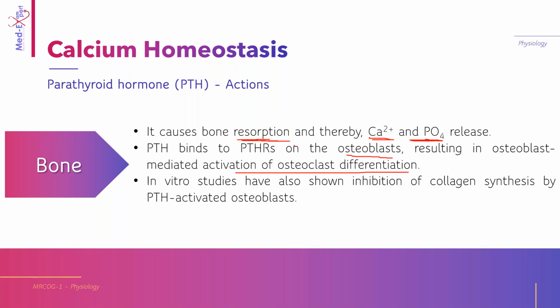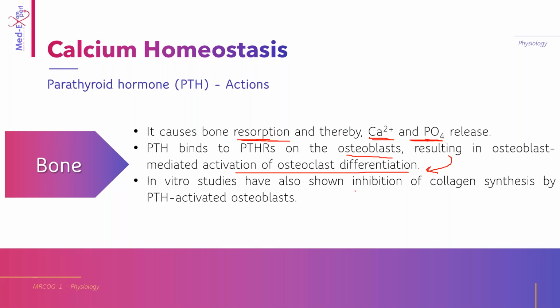We know that the cells which build up the bone are called the osteoblasts, and those which make resorption of the bone to release calcium and phosphate are the osteoclasts. So it will bind to some receptors on the osteoblast to activate the osteoclast differentiation, and this will enhance bone resorption and release of calcium and phosphate from bone.